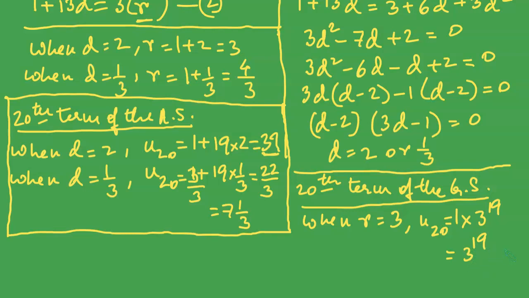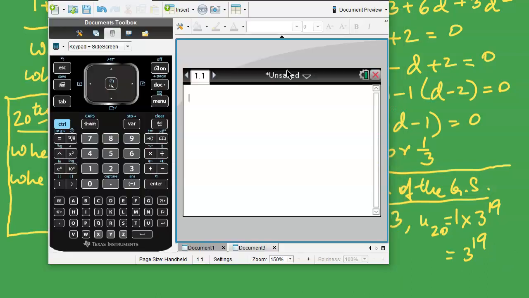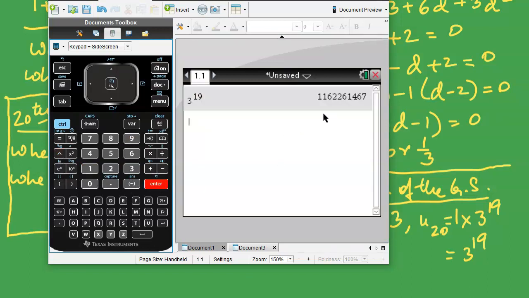It is a large number. So it is 3 to the power of 19. Okay, so this is equal to, you see, 1, 2, 3, 4, 5, 6, 7, 8, 9, 10. It contains 10 digits. It is a large number, so it is totally correct if you keep it as 3 to the power of 19 and don't write the value. Okay.